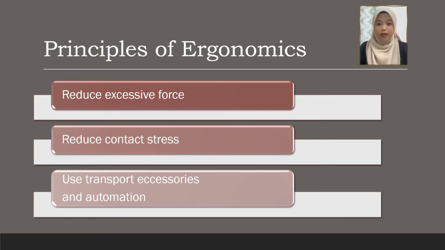Other than that, reduce contact stress. Contact stress results from continuous contact and rubbing between hard or sharp objects or surfaces and sensitive body tissue, such as fingers, thighs, and feet. This contact creates localized pressure in a small area which can affect blood, nerve function, or movement of tendons and muscle.